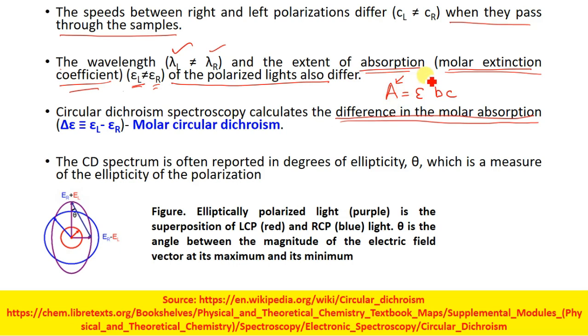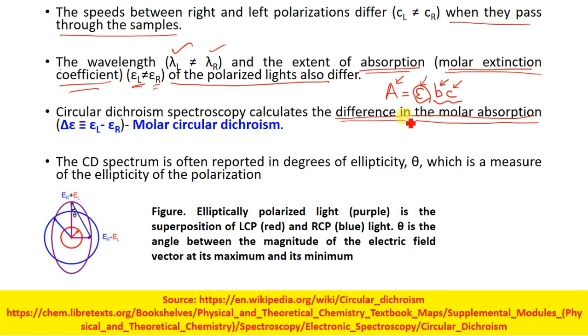Why does the change happen? The change happens due to the molar absorption coefficient, because B was the path length and C was the concentration of the solution, and they will remain the same for both LCPL and RCPL. So what is basically changing?